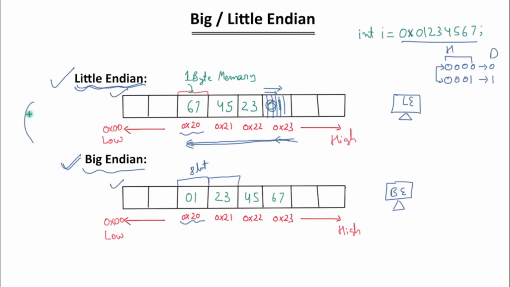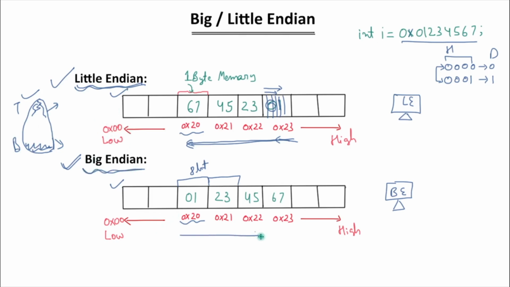If you have an egg and you want to cook it, if you break it from the top, the egg gets broken, and if you break it from the bottom, it is also broken. So there is no real point of discussion in breaking an egg from the top or the bottom. Similarly, Little Endian and Big Endian both have their own way.